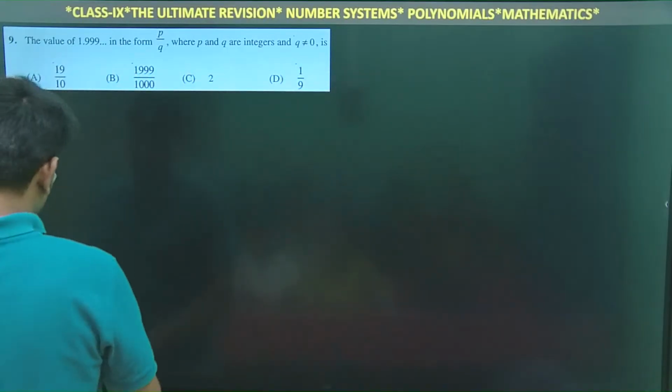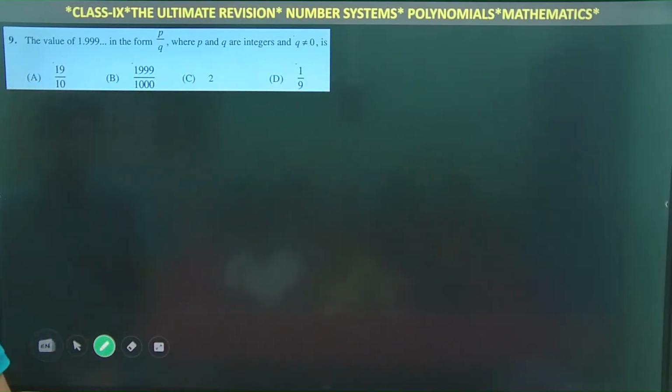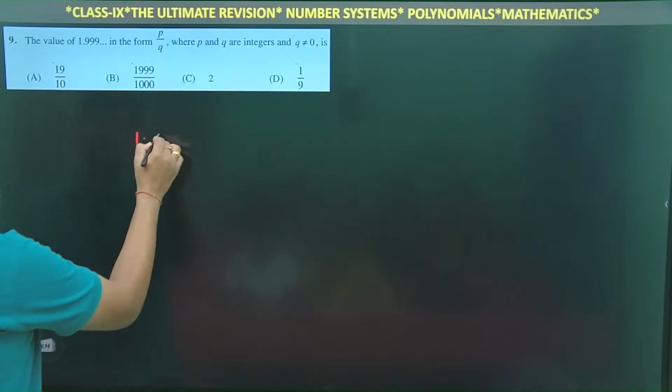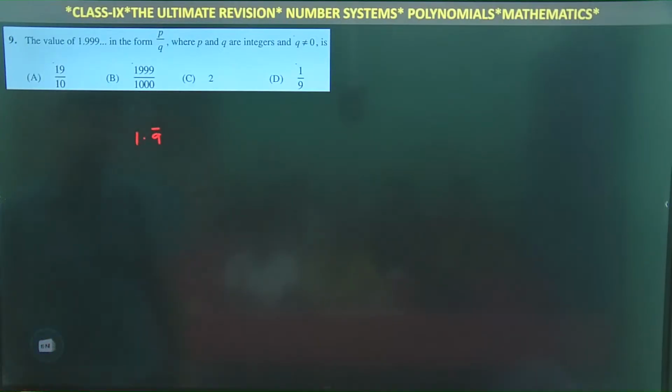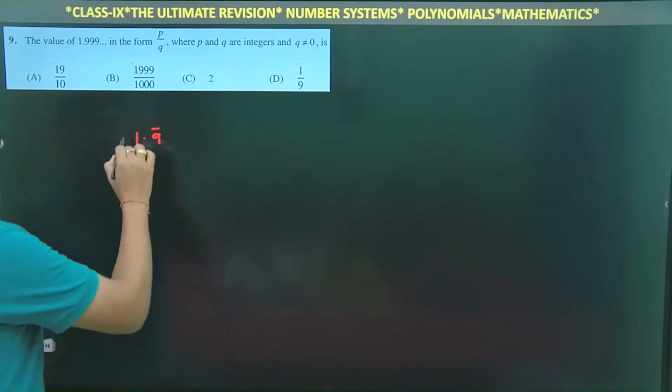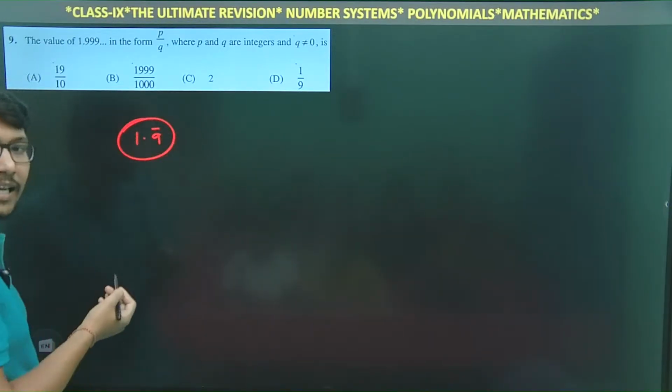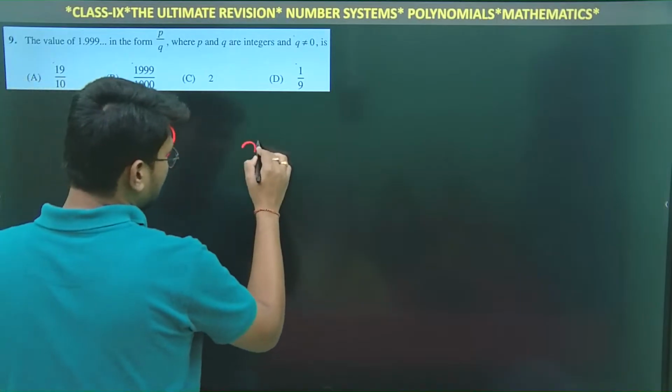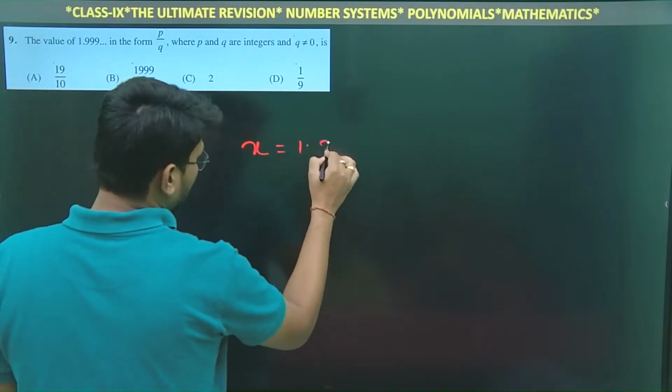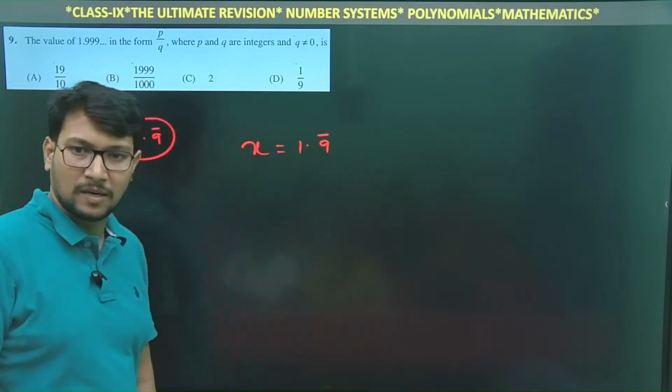First you see, 1.999 means 9 bar. We have to write it in p by q form. So for writing this in p by q form, generally you take what? Let x equal 1.9 bar.